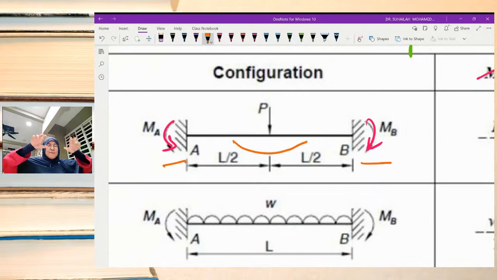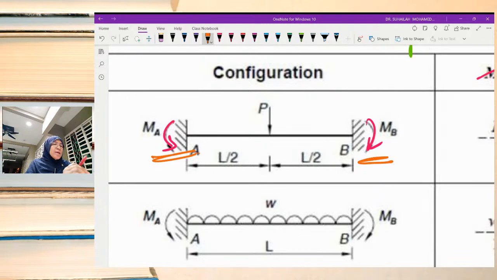Push at A, push at B, push the beam back to its original position. By applying the fixed end moment in this direction and this direction, the beam will go back to its original position.